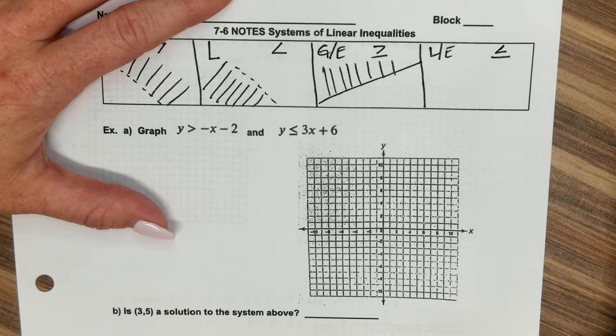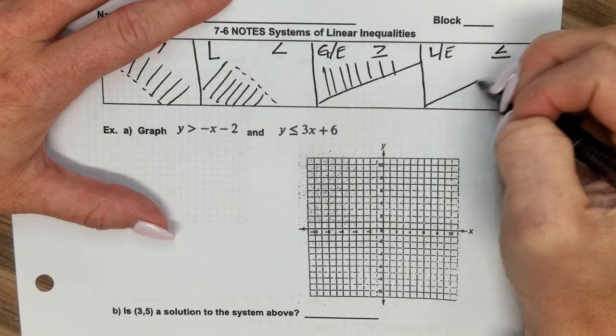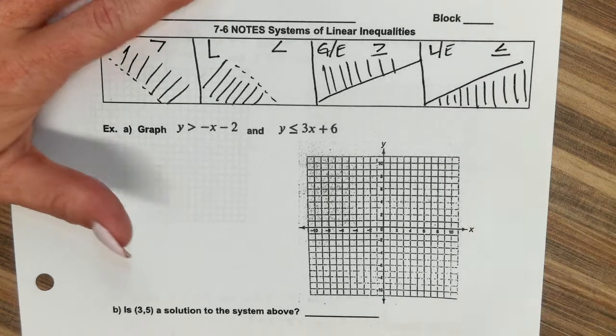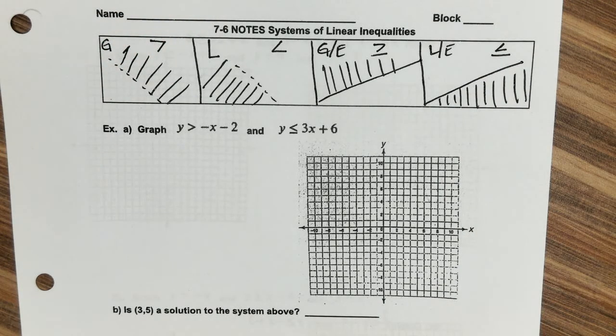Solid or dashed? Do another positive slope, and which way would I shade? Below. Now, if you ever have an undefined slope, left would be less than and right would be greater than. Okay, anything else, above is greater, below is less.